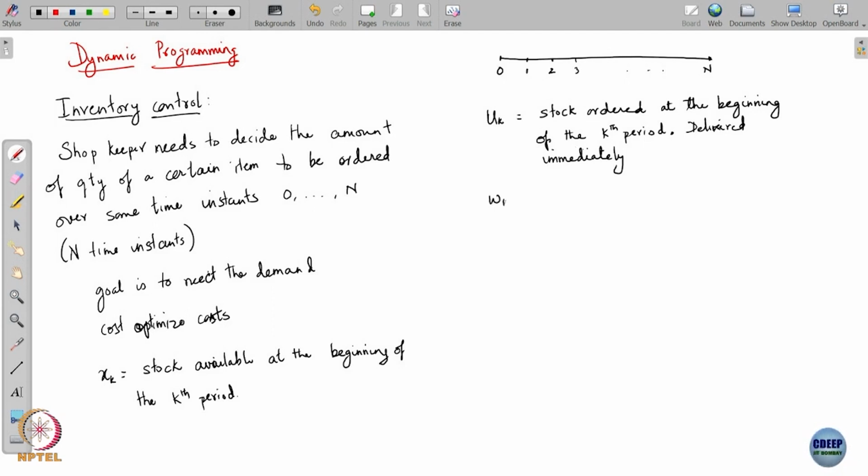And let Wk be the demand for the item during the kth period. Okay. So, it is the demand for the item during the kth period.